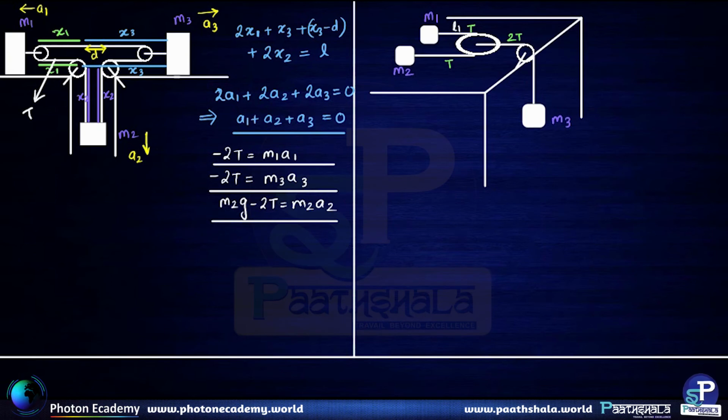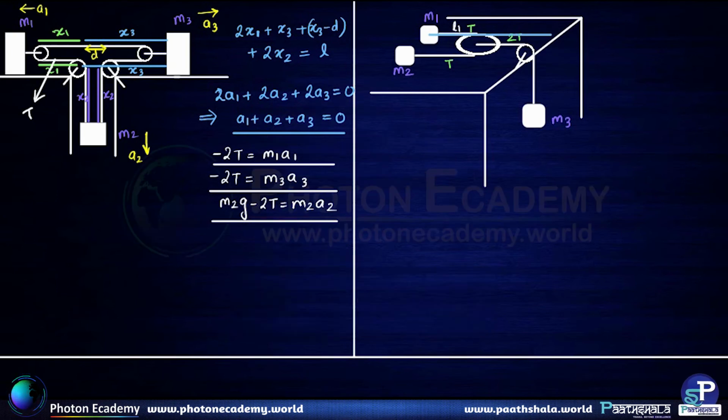In this situation, let us assume the distances x1, x2 and x3 as like this. So this is the distance x1. I'll find a better location to draw it. So this is x1, this is x2, the distance of m2 from the rigid support, and this happens to be x3.